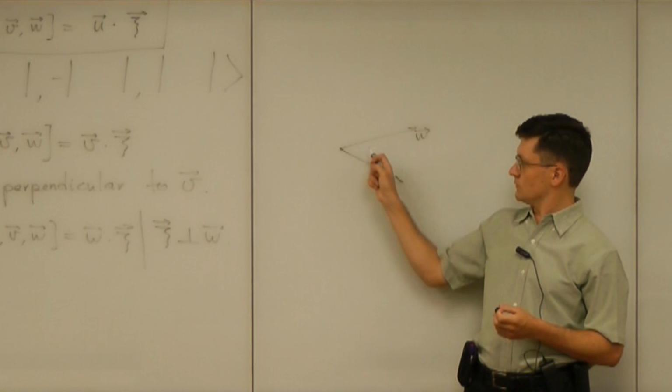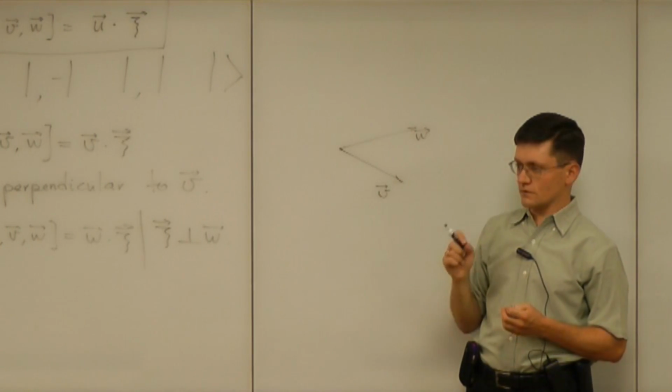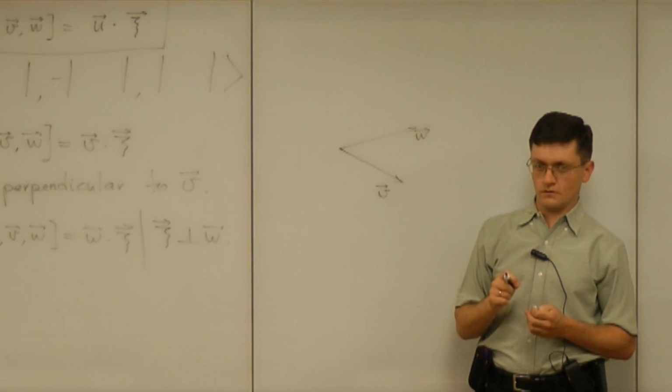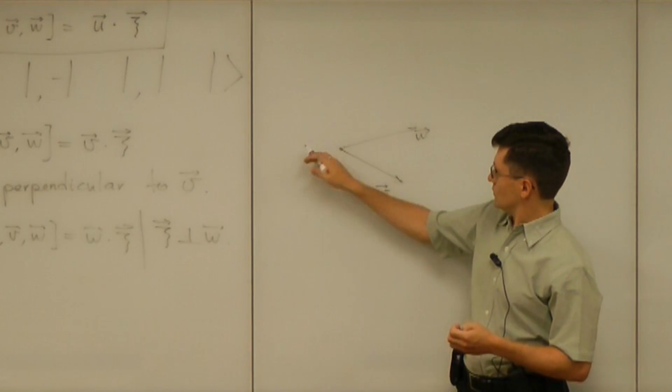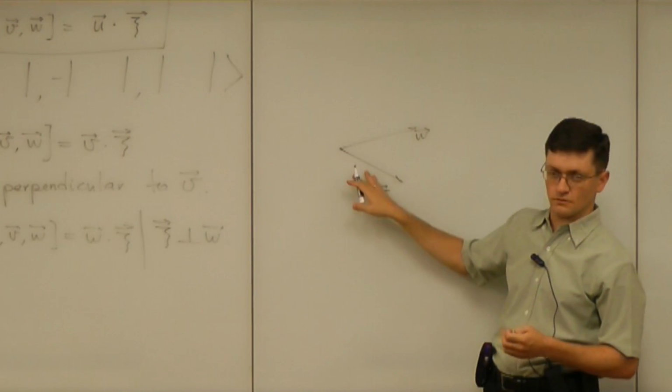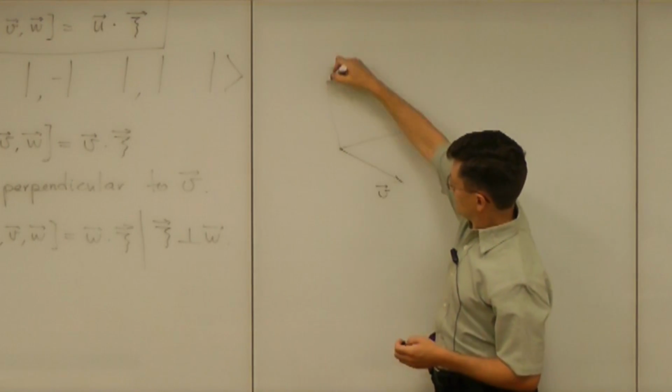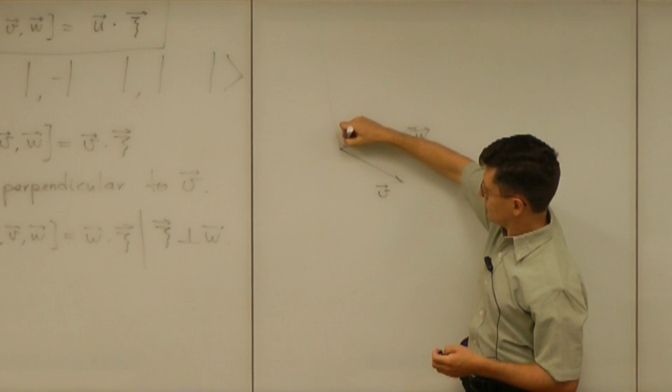If you have two vectors in free space, and a third vector should be perpendicular to both vectors, doesn't it mean that you have this plane determined by v and w, and the vector xi should be somehow perpendicular to the whole plane.